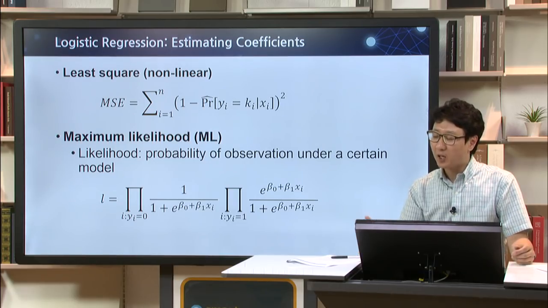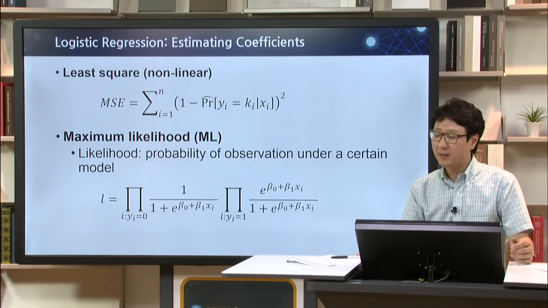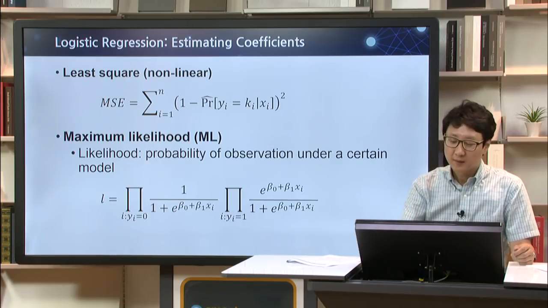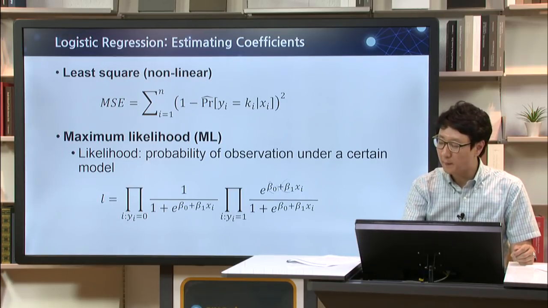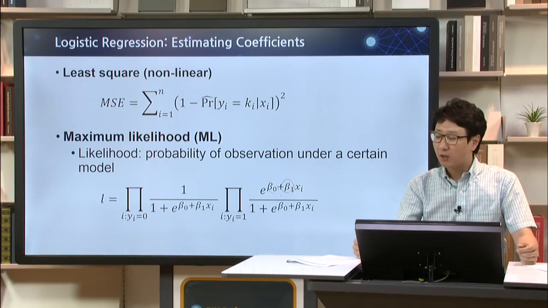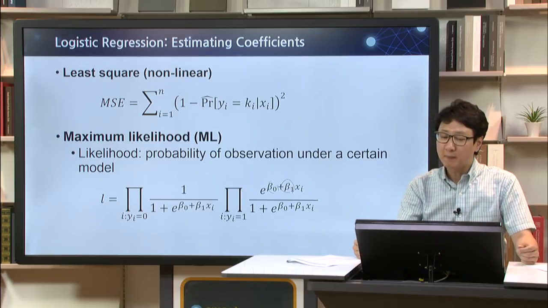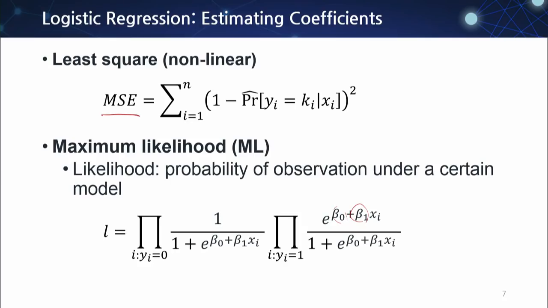Since we have a model of the logistic regression, the next task is finding the parameters or coefficients, in this case, beta 0 and beta 1. Usually, the coefficients are obtained by minimizing mean square error. This is the least square approach. For a sample of class K, the predicted probability to be class K ideally should be close to 1.